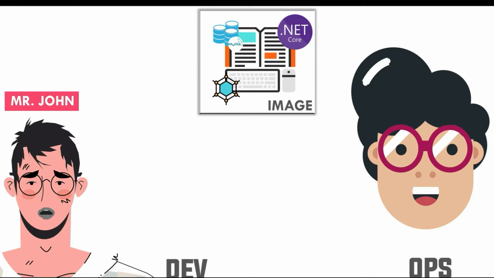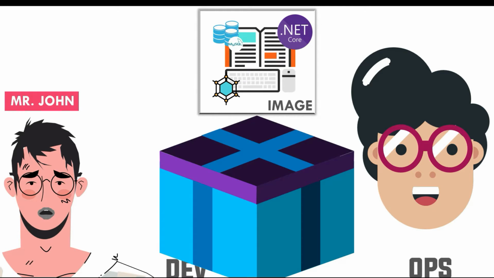That makes ops team's job pretty easy, right? Because that way he does not need to bother about simulating the development environment by installing all the required software in the production server. Now the question is, how does ops team run the application using this image? So in Docker environment, ops team basically creates an isolated environment.